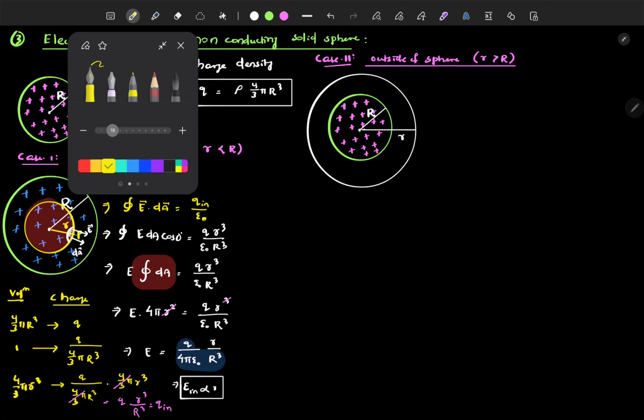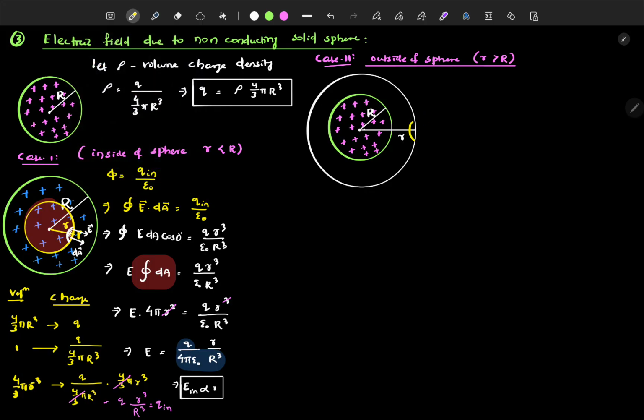In the case of the Gaussian sphere, this is your area dA, this is your dA vector, and the electric field vector is along the direction of dA vector. So the same thing we can write: phi is equal to Q enclosed by epsilon naught, and phi is the closed integral of E vector dot dA vector.